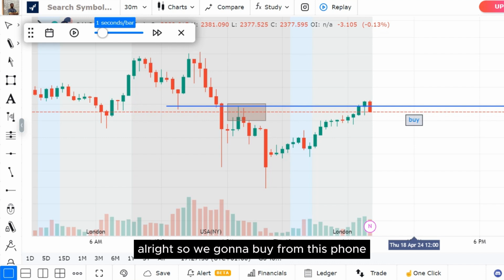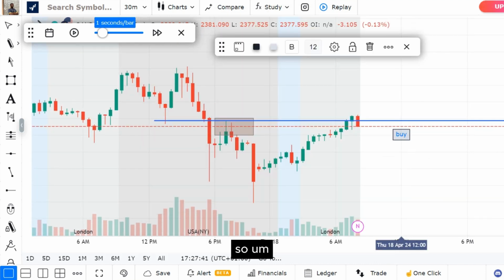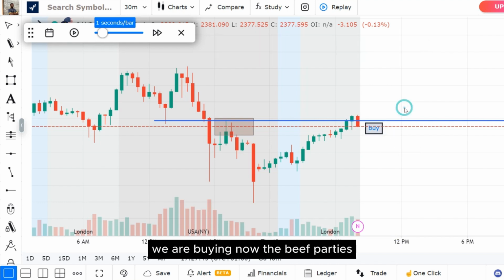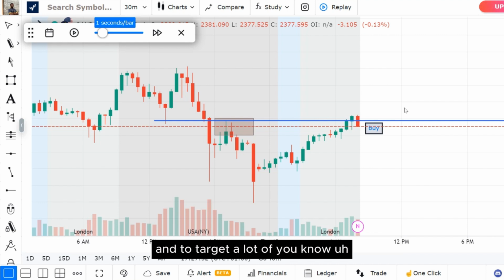All right. So we're gonna buy from this point because we have a break of structure already. Okay. So we are buying. Now the beautiful part is this gives you a chance to have just a little stop loss and to target a lot of profits, okay?